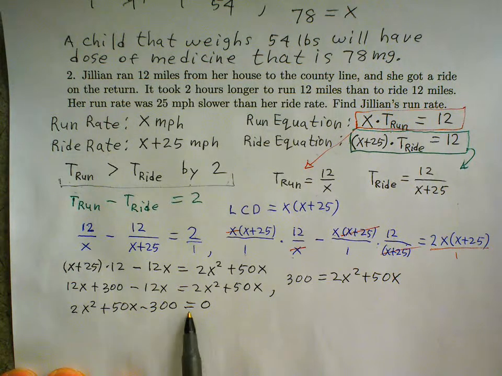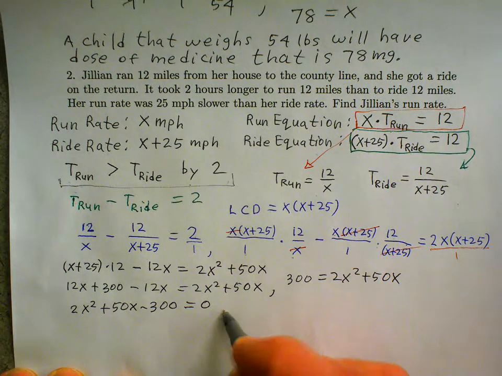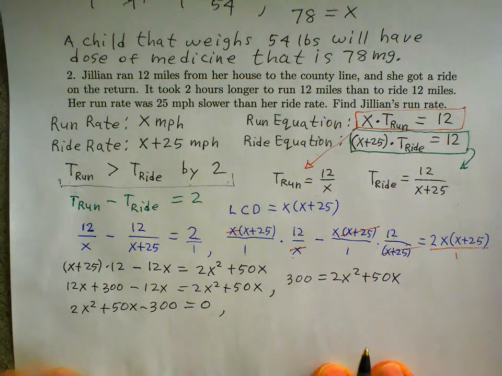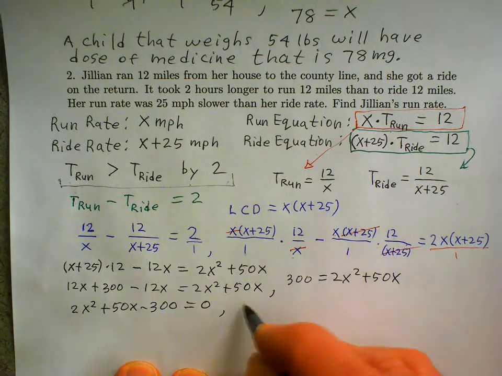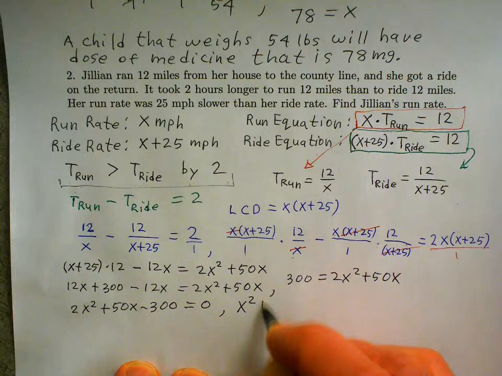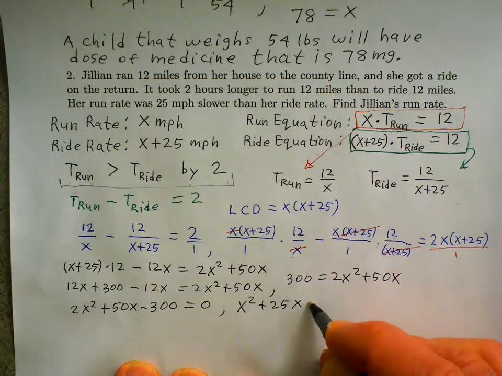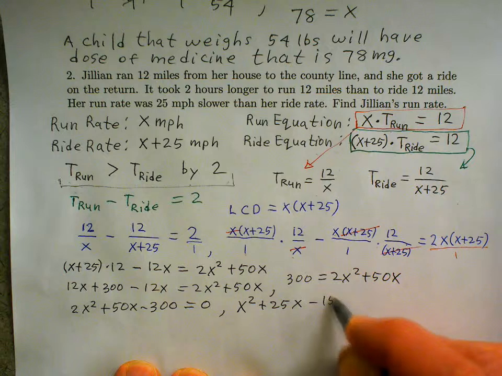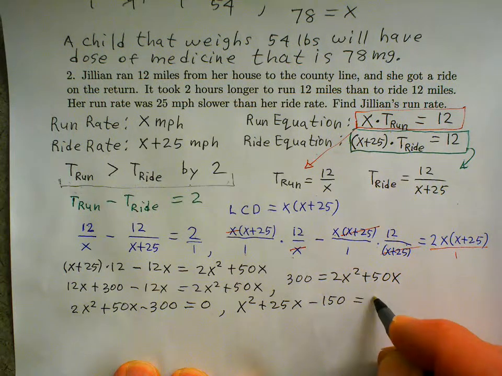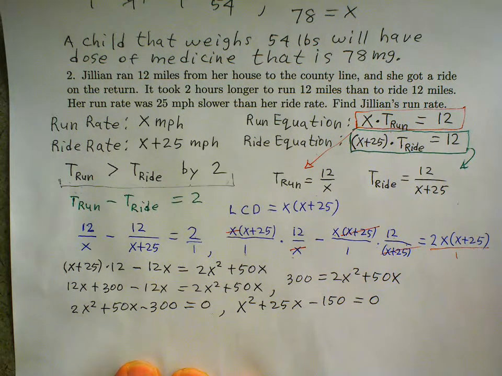And since we are solving an equation, we can divide out that common factor of 2. So when we divide every term on both sides of the equation by 2, we get x squared plus 25x minus 150 equals 0. 0 divided by 2 is 0.